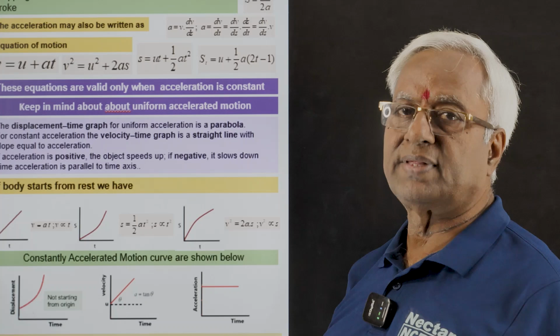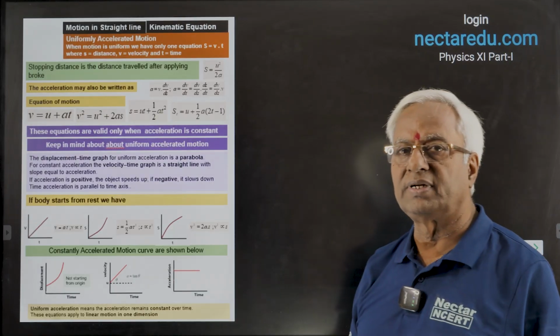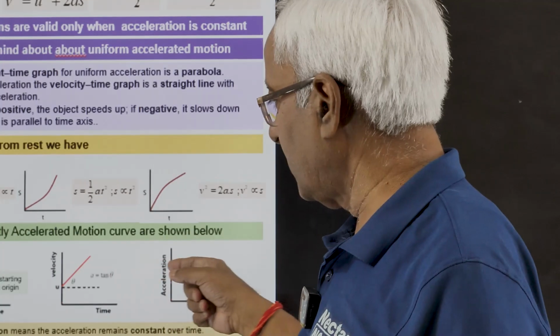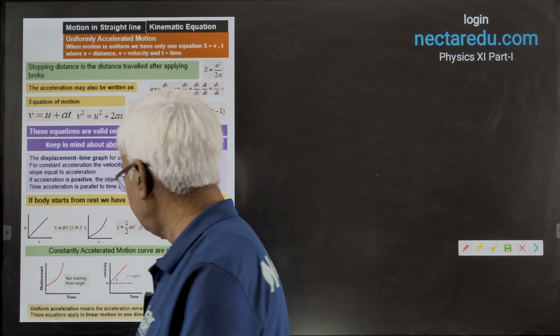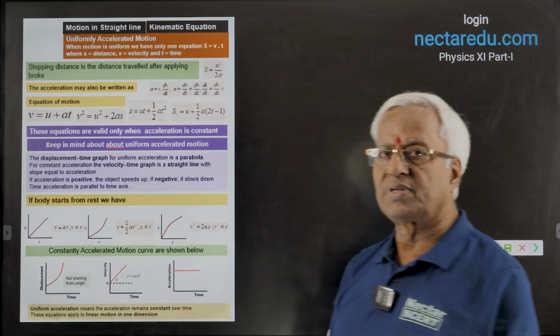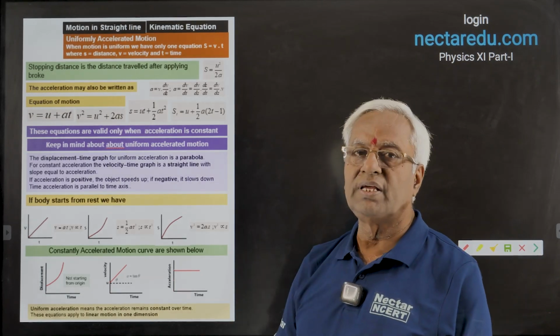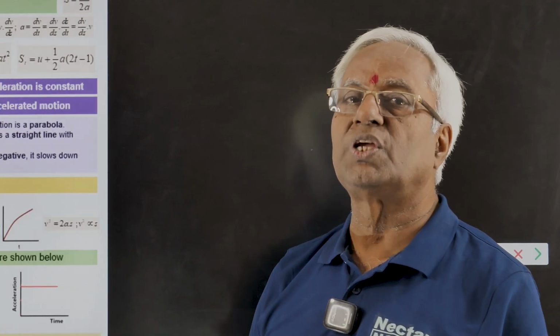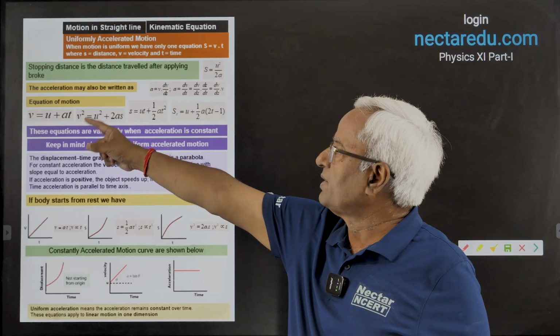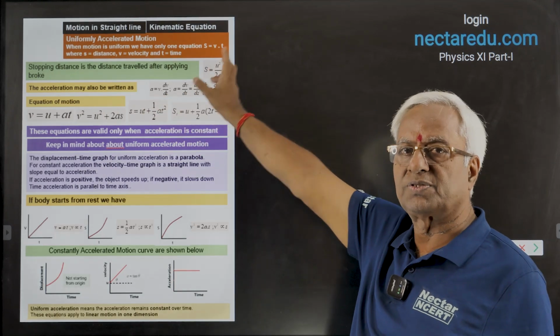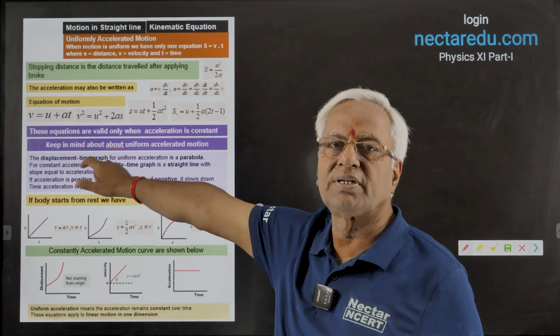And when somebody says the acceleration is constant, obviously with time they will have a straight line graph. And these equations apply to linear motion only. If the direction is going to change, then in that case you need to apply vectors with these terms. Then these equations take the form of vector equations.